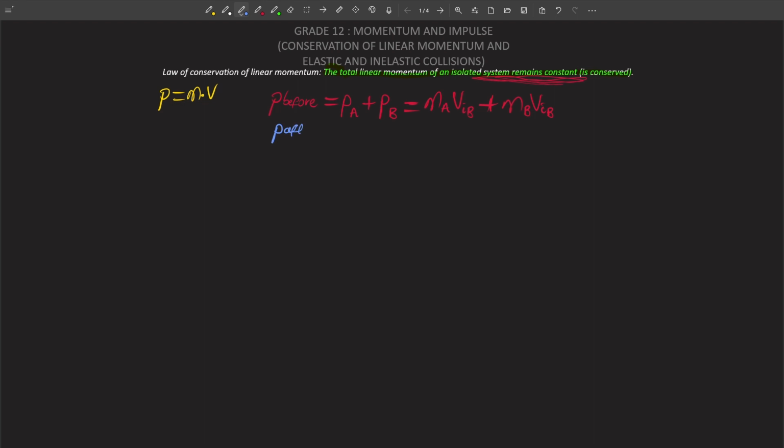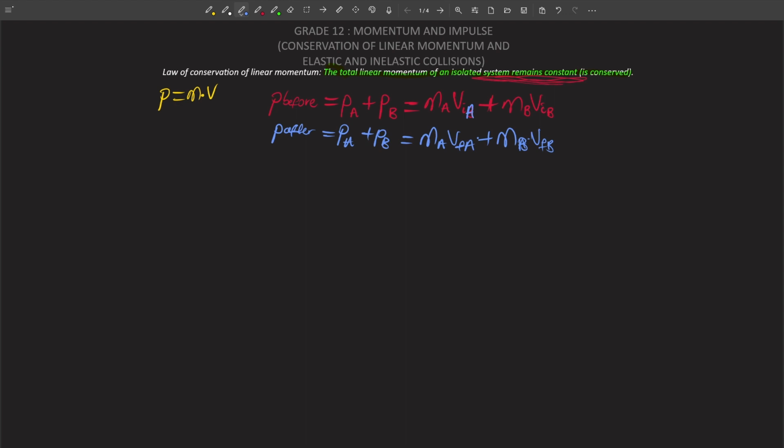Momentum after collision is just the momentum of A plus the momentum of B. But in this case, it is the mass of A times the final velocity of A. This was supposed to be A, not B. Plus the mass of B times the final velocity of B.